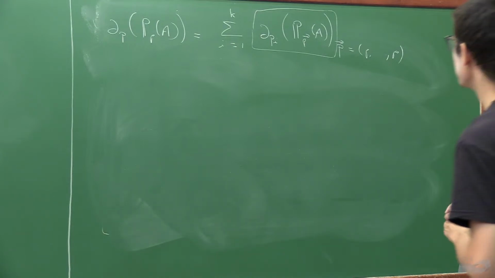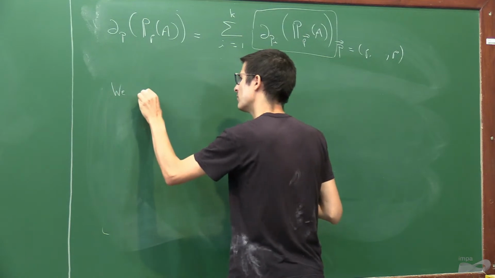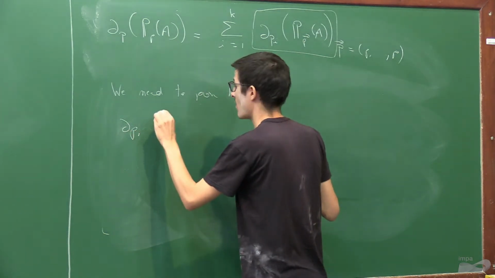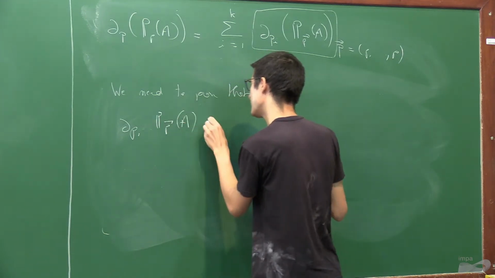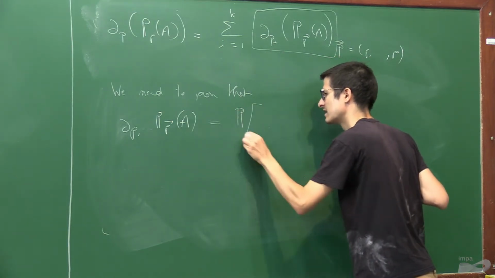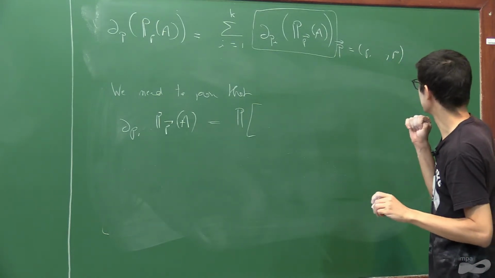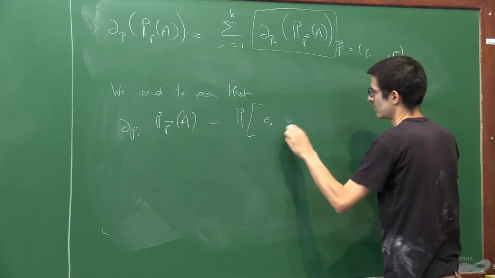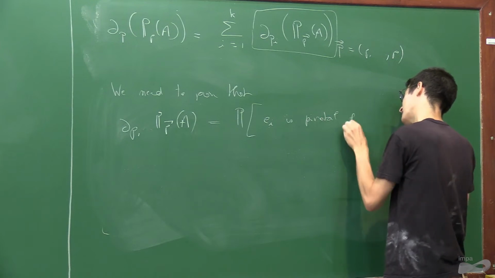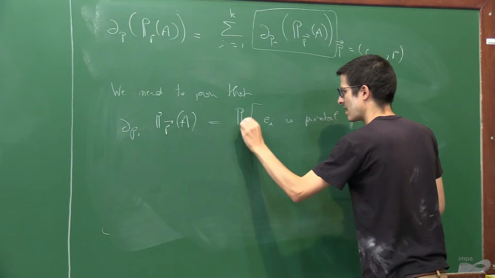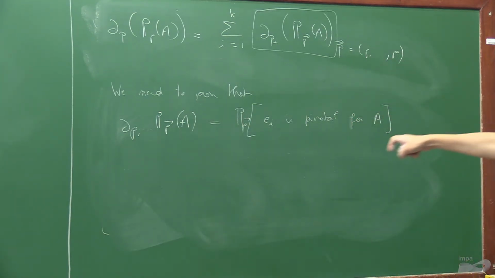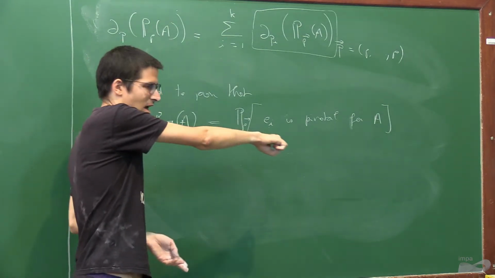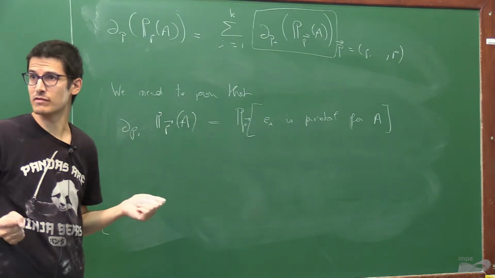So basically, we need to prove that the partial derivative with respect to p_i of P_p of A is equal to the probability that e_i is pivotal for A. Because if I do this, then this will be just the sum over i of the probability that e_i is pivotal, and this is just the expectation of the number of pivotal edges.